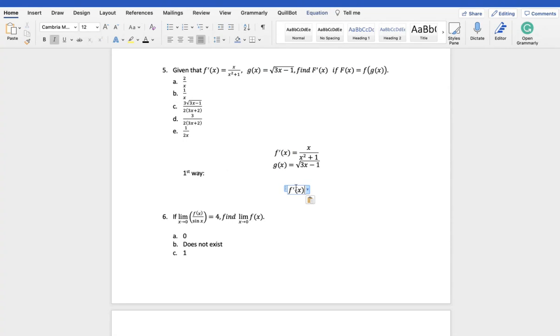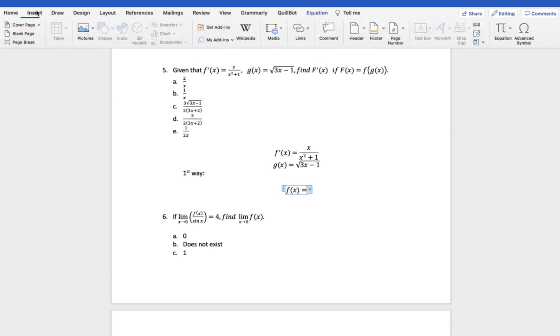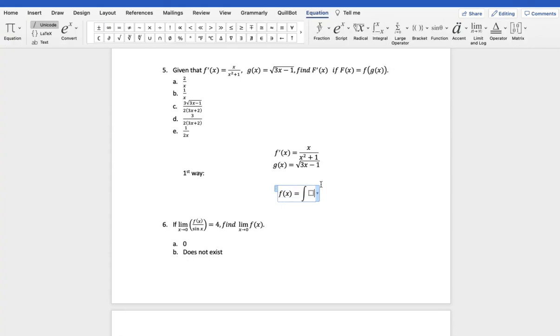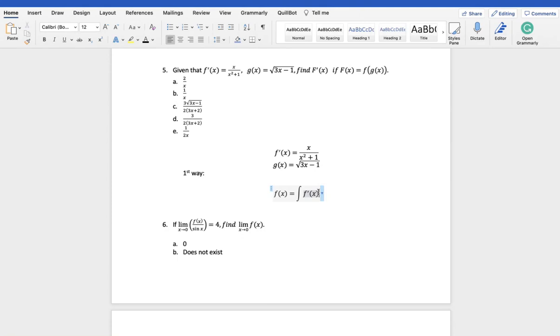If you're trying to find f of x from f prime of x, all you do is integrate. So you just integrate f prime of x and you find f of x. You guys know this.